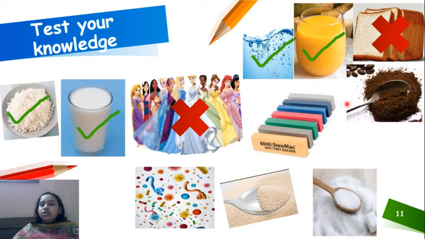Coffee powder. We can't count the coffee powder. It is uncountable and it can be in a large quantity also. So yes, we would be using much here. Now if I say coffee beans, we can count coffee beans.